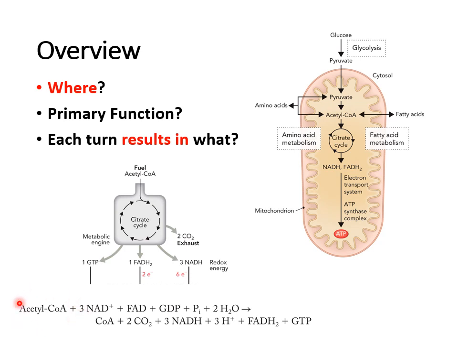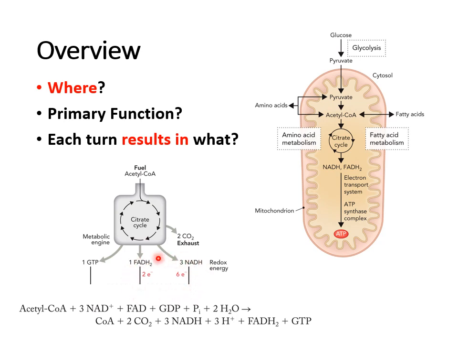And during this process, each turn of this citrate cycle is going to end up transferring 8 electrons to produce these various products that you see here, especially noting the fact that you're producing NADH, FADH2, and GTP. And over here in the figure, you can see the 8 electrons that I just mentioned a moment ago.